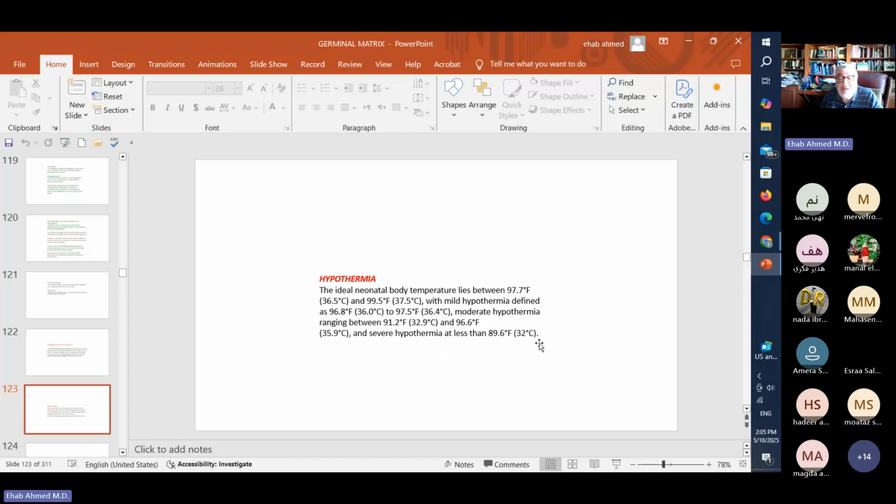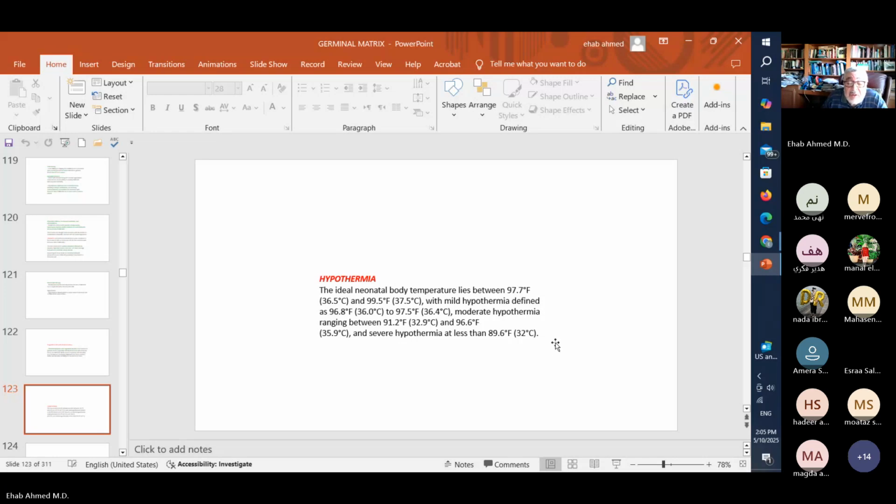What is the ideal temperature of the baby and what is the ideal temperature of the delivery room? The ideal temperature of the baby should be between 36.5 and 37.5. Okay? And hypothermia is mild, moderate, or severe, depending on how low is the temperature.